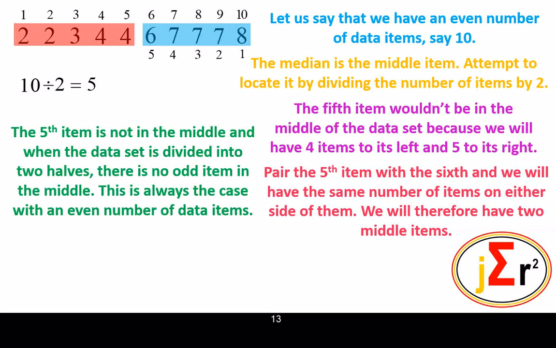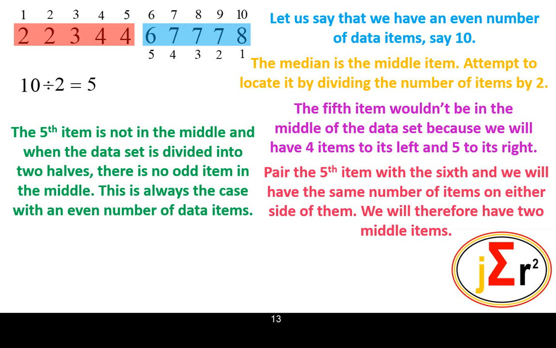So let us do that. When we pair the 5th item with the 6th item, we will have the same number of items on either side of them. We will therefore have 2 middle items.